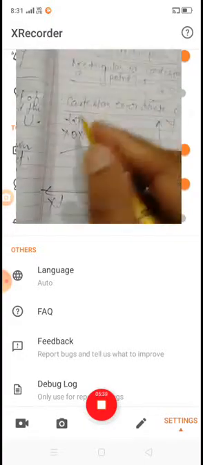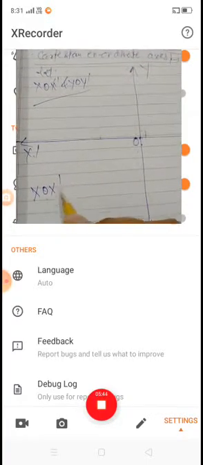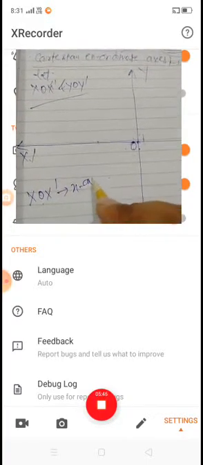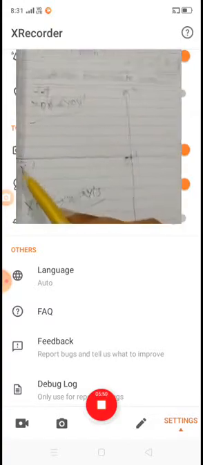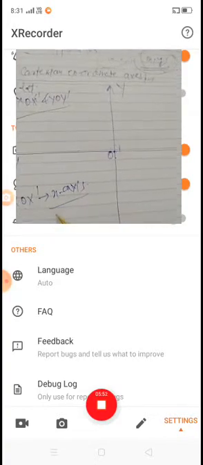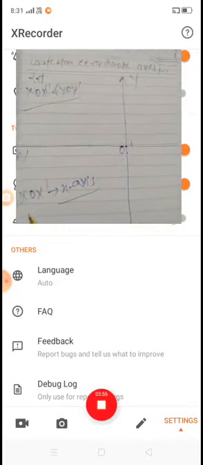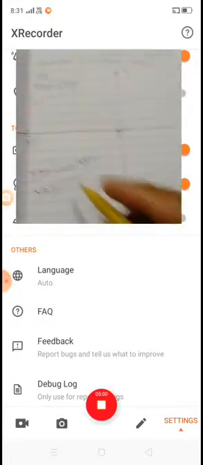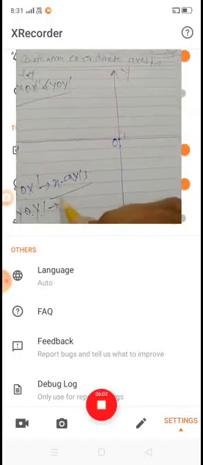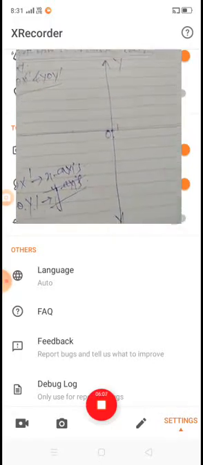Okay, and here the line XOX dash is called the x axis. And the line YOY dash, which is the perpendicular line, is known as the y axis.